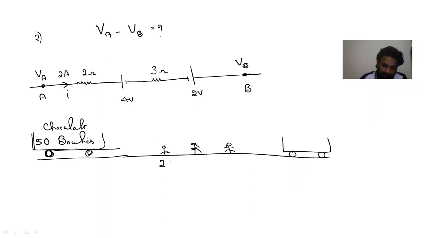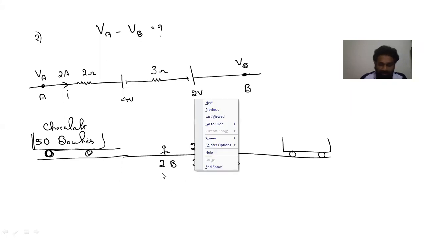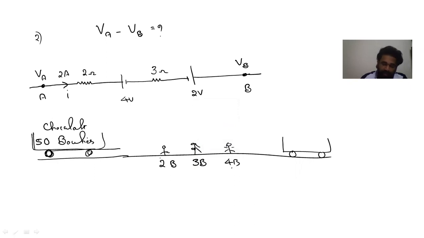This baby took 2 bounties, this baby took 3 bounties, and this baby took maybe 4 bounties. So 4 plus 3 is 7, 7 plus 2 is 9. So 9 bounties they have taken totally, and only 41 bounties will be left when we come here.